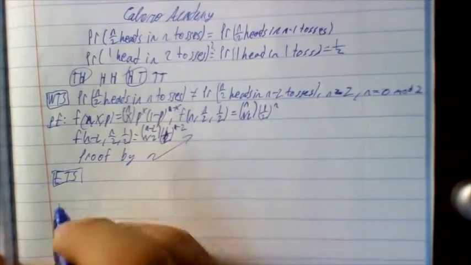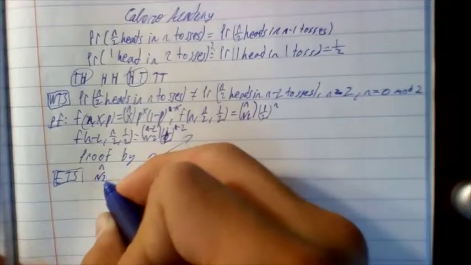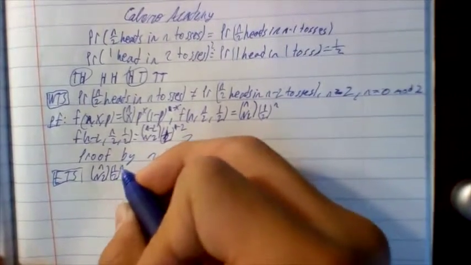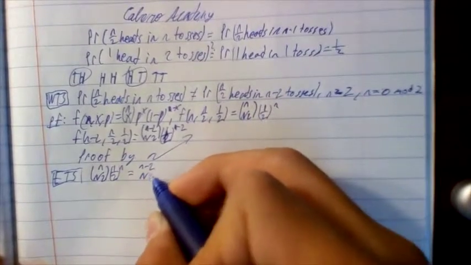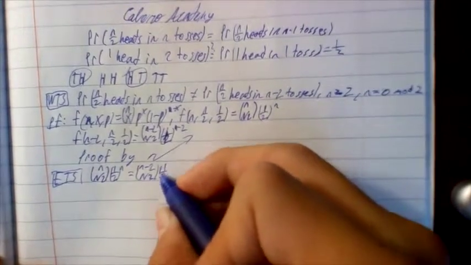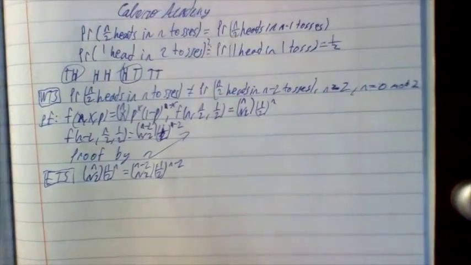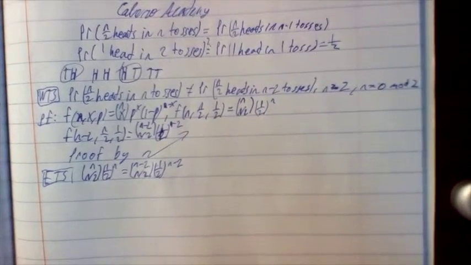So, therefore, it should be that n choose n on 2, times 1 on 2 to the power of n, is equal to n minus 2 choose n on 2, times 1/2 to the power of n minus 2. So we're going to drive down and show that it's not actually true, and that generically is going to lead us to an answer that never makes sense.